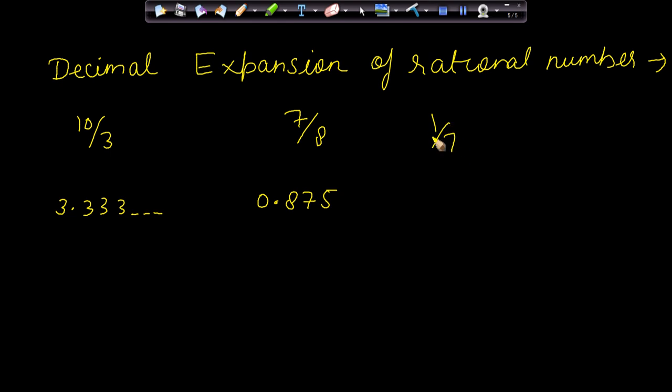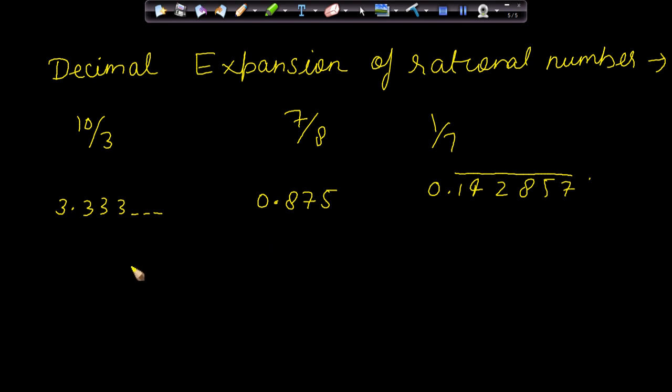If you expand this, then you'll find 0.142857, then again 142. This thing will keep repeating. After this you'll write 142,857, 142,857.